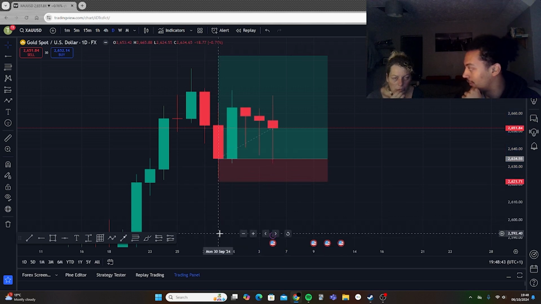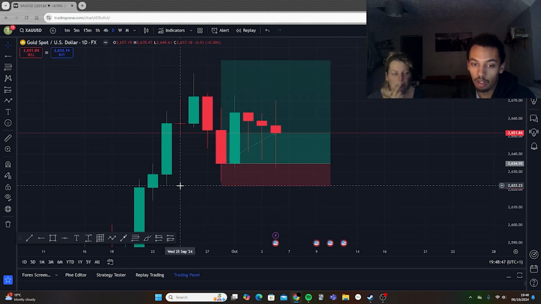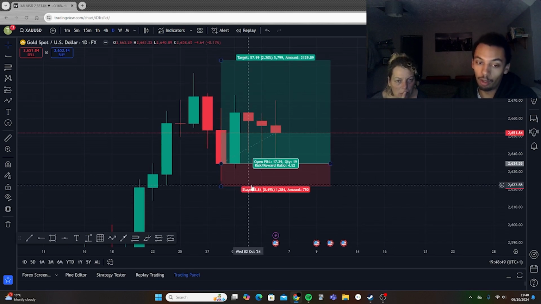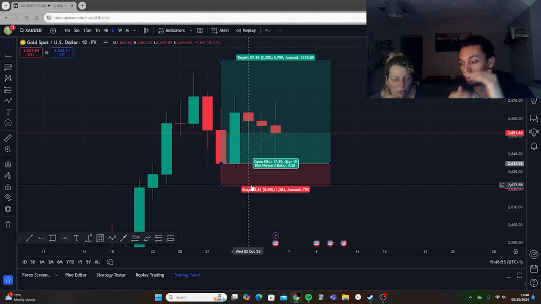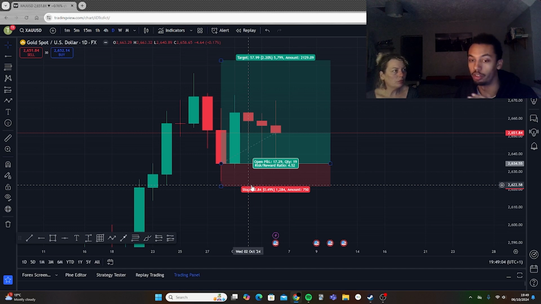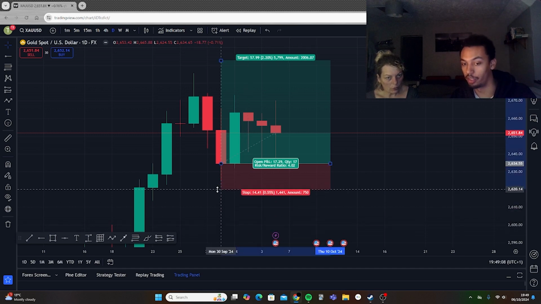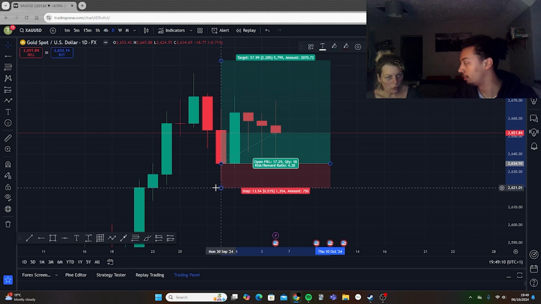But a lot of the time the way that I would do it is I'd say no matter how far it goes down on the charts, I would work out how much I'm willing to lose first before I look at the charts. So if I'm willing to lose a tenner, I'm always willing to lose a tenner, whether that goes down to there or whether that goes down to there, whatever I set it at, that will still be a tenner.